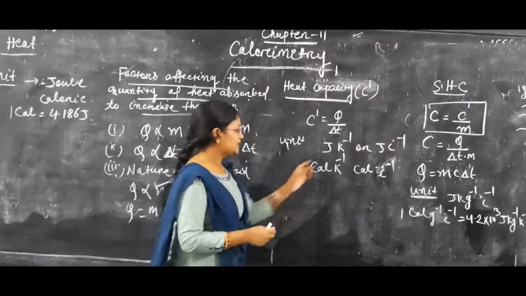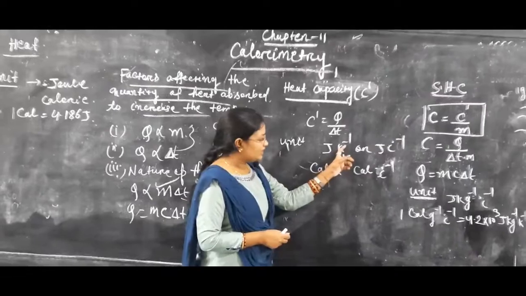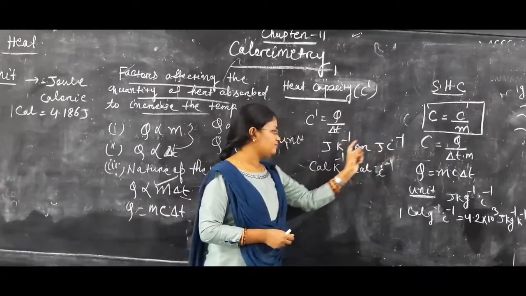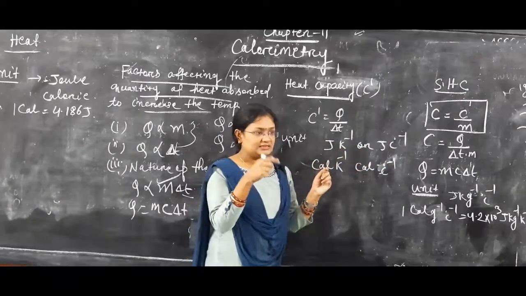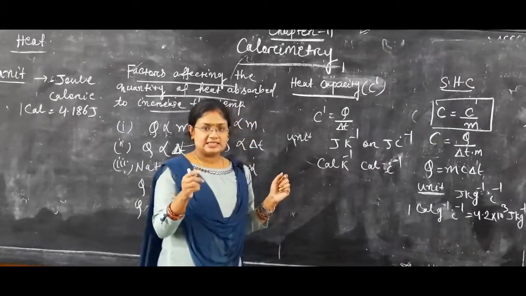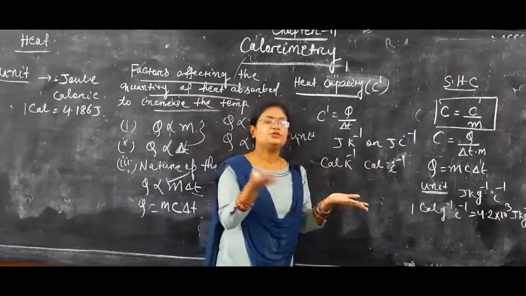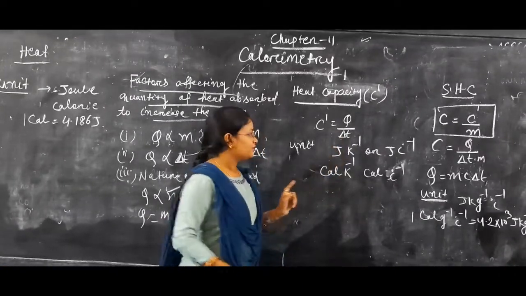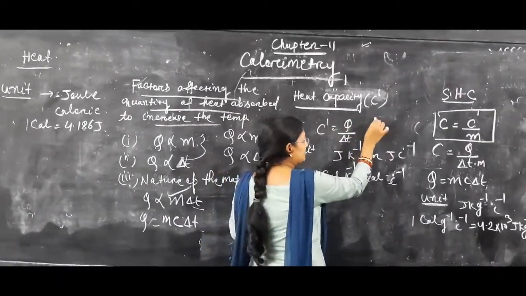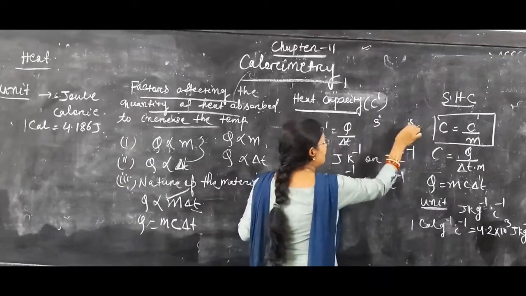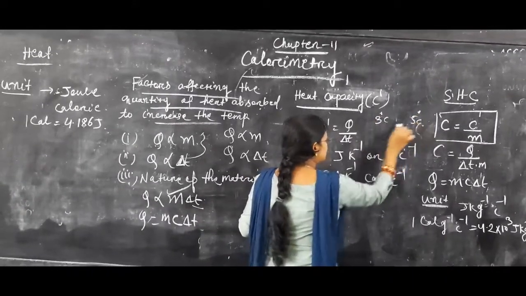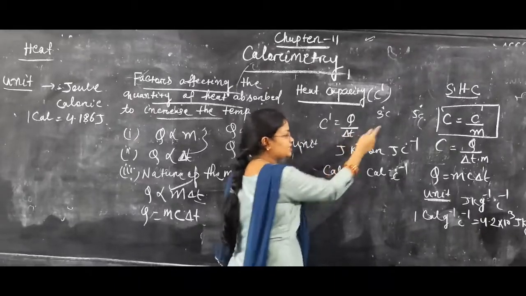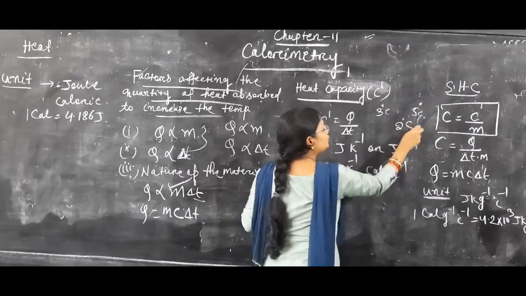One thing you should mark here: I have written Kelvin inverse or degree Celsius inverse. If the question gives 3 Kelvin or 3 degrees Celsius, there is no need to change Kelvin into degrees Celsius, because here delta is there. Delta means change. For example, suppose the initial temperature is 3 and the final temperature is 5 degrees Celsius. The change is 5 minus 3, which is 2 degrees Celsius.